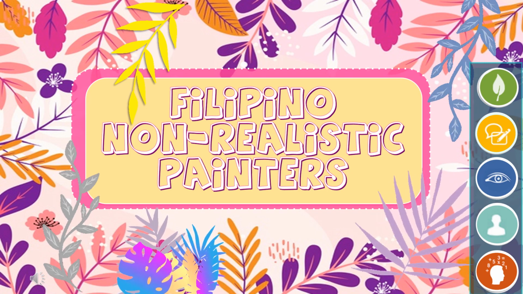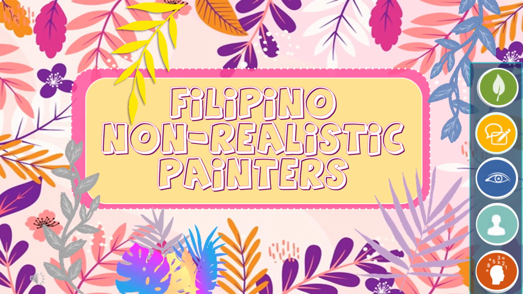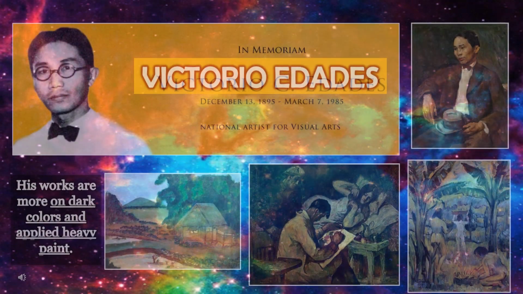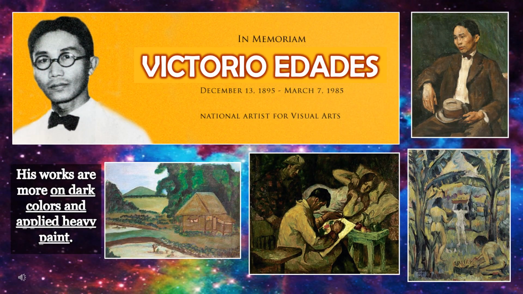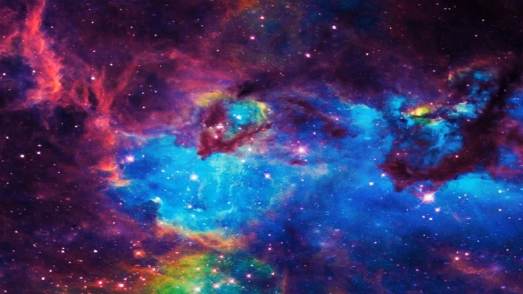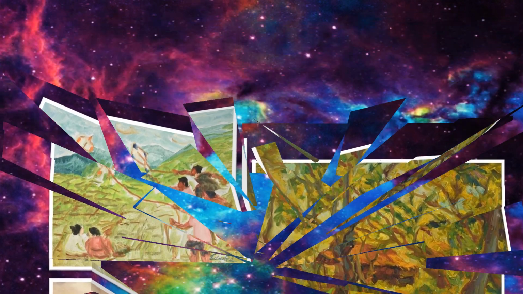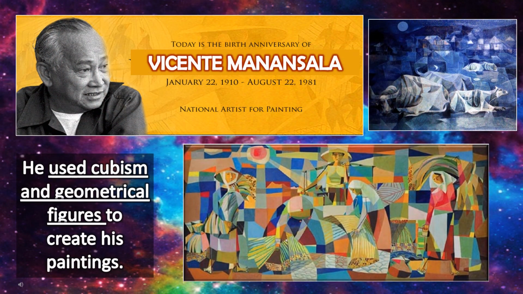Filipino non-realistic painters. Victorio Edades. His works are more on dark colors and applied heavy paint. Vicente Manansala. He used cubism and geometrical figures to create his paintings.